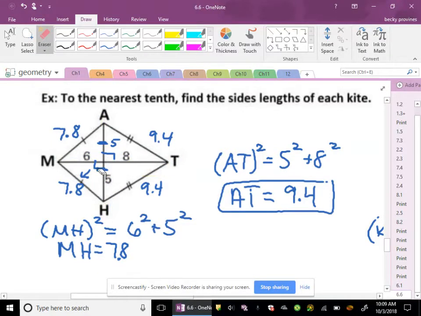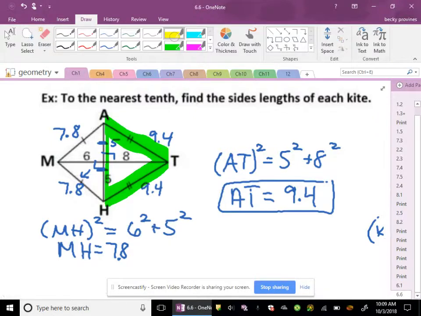First of all, what sides are equal and what angles are equal. Remember, that's a triangle. This is a different triangle. You also know that this line right down the middle cuts it in half. So if this is a 5, on top it's also a 5. So I mark them as congruent. I know they're both 5.